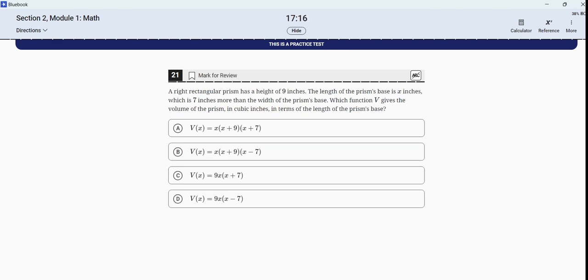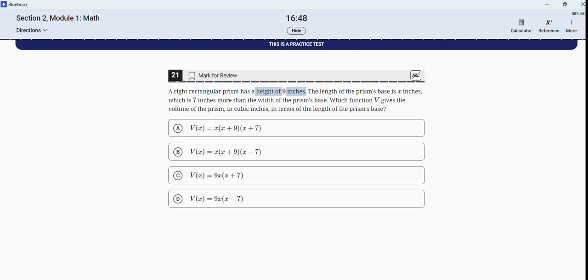A right rectangular prism has a height of 9 inches. The length of the prism's base is x inches, which is 7 inches more than the width of the prism base. Which function v gives the volume of the prism in cubic inches in terms of the length of the prism's base? Sorry, I'm really bad at pronunciation. So it's really a mouthful. What we have to take away is volume is height times width times length.